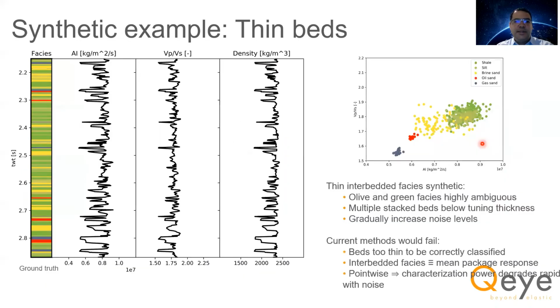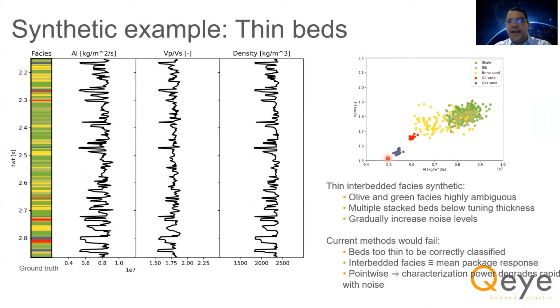Now, here is the second synthetic experiment, in this case dealing with thin beds and the effect of increasing noise levels. So for this experiment, we now are dealing with 5 different facies.